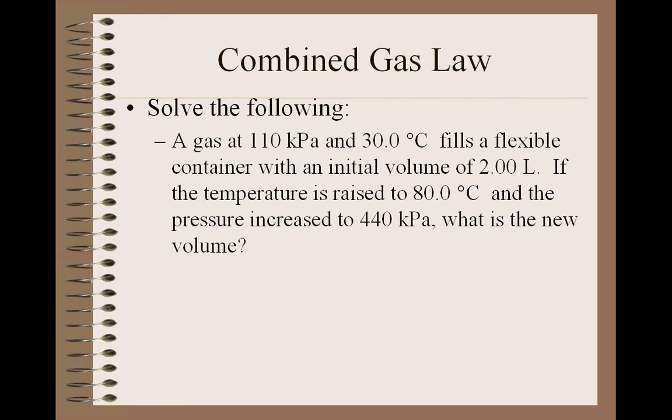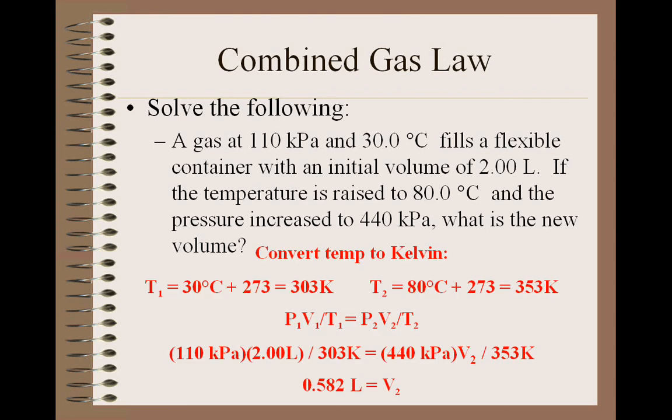So if I want to solve this problem: a gas at 110 kilopascals and 30 degrees Celsius fills a flexible container with an initial volume of 2 liters. If the temperature is raised to 80 degrees Celsius and the pressure increased to 440 kilopascals, what's the new volume? Remember, we first have to convert 30 degrees and 80 degrees to Kelvin, so I add 273, and that's going to give me 303 Kelvin and 353 Kelvin.